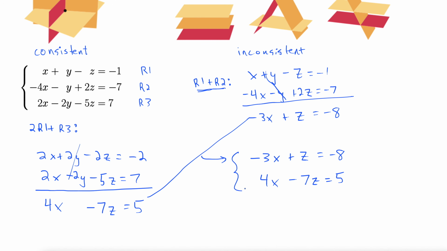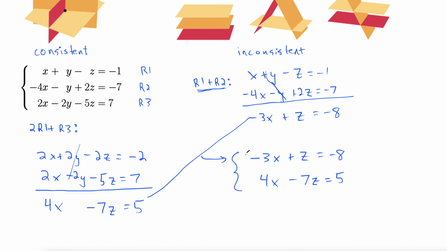New system of equations, and what we've done is reduce this to a simpler problem. Now, to solve this one, let's see, if we could just multiply this top row by 7, our z's would cancel out really nicely. So let's do that.